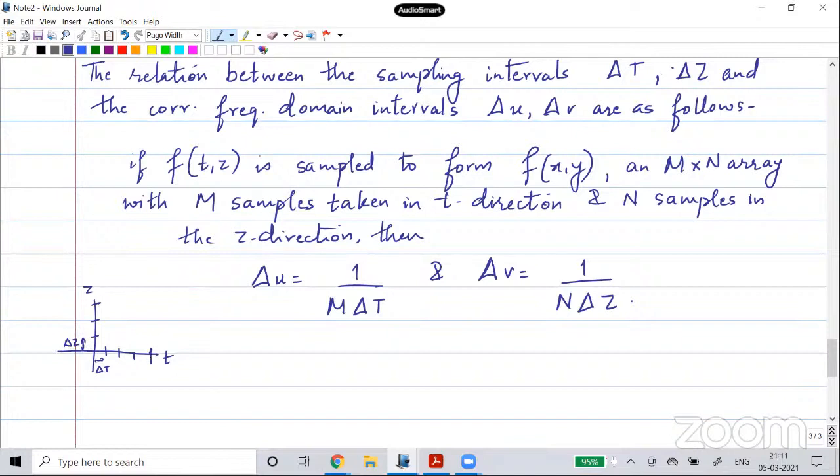These are m samples numbered from 0 to m minus 1, n samples in this direction numbered from 0 to n minus 1. When you look at the corresponding spacing in the u and v directions, this is the u direction, this is the v direction, then the spacing here is delta u, and this is the spacing delta v. So these are the relations between these two.